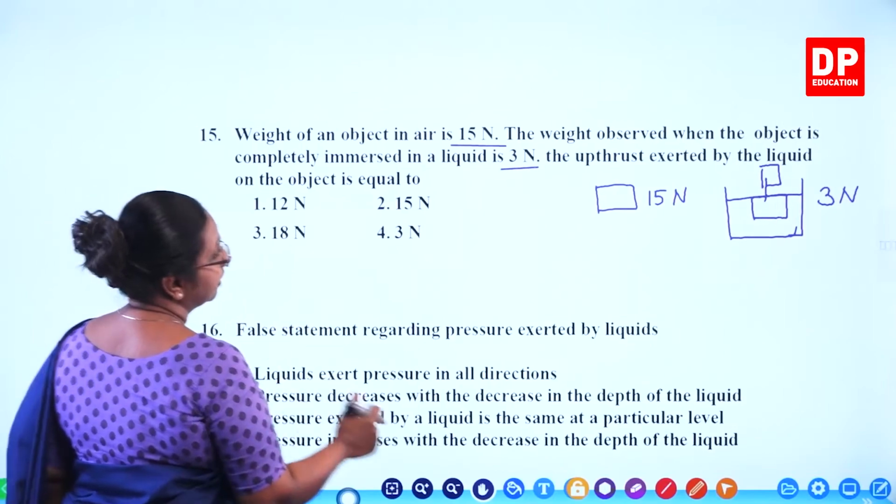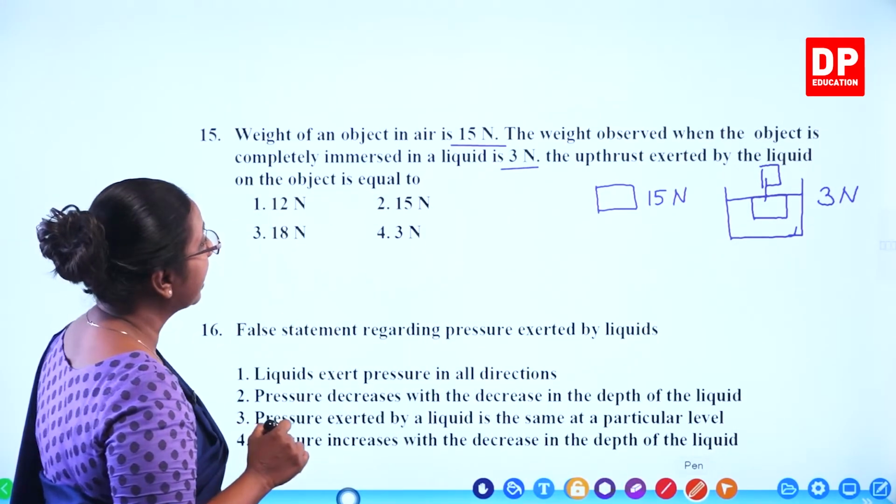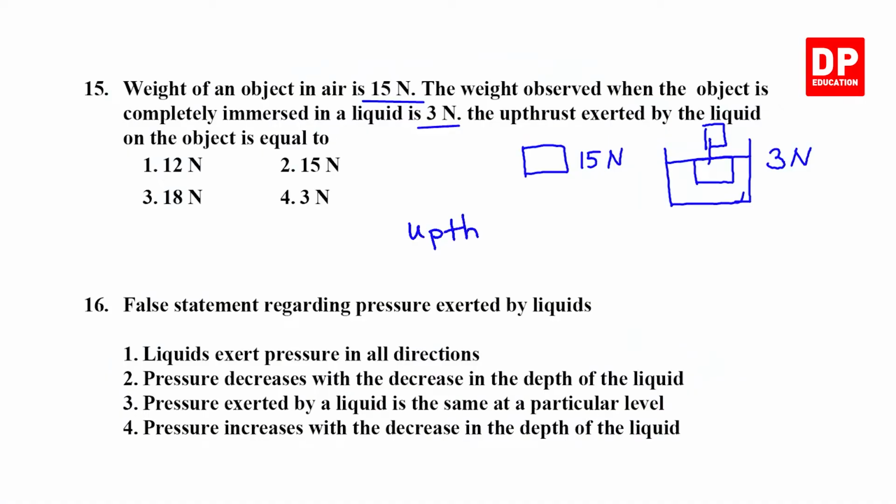So then, based on this observation, if we are to calculate the upthrust, it is equal to what? Upthrust equals weight loss. So what is the weight loss there? Initially it was 15 Newton minus 3 Newton.